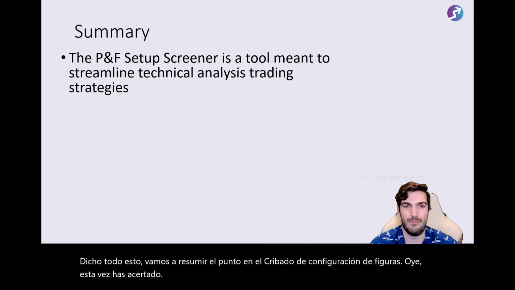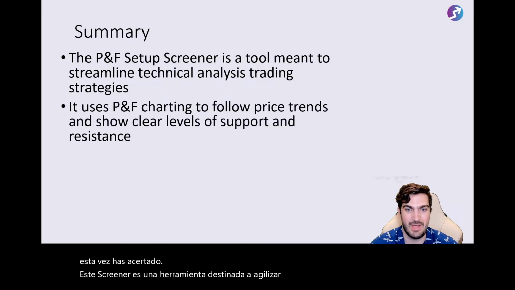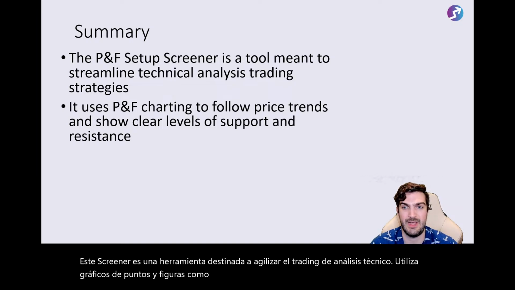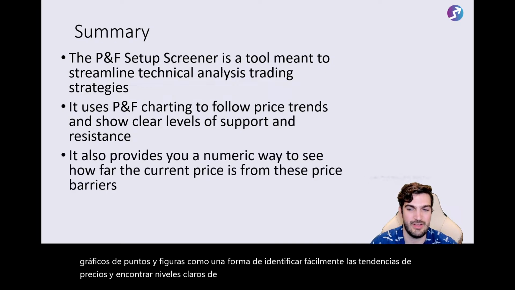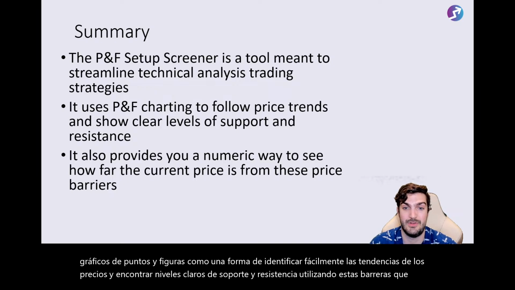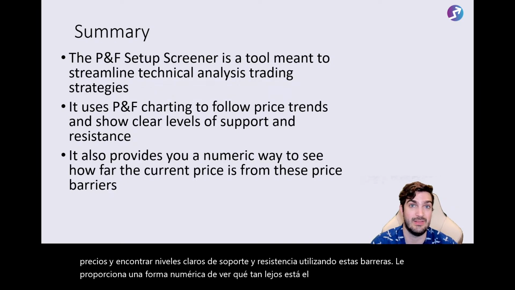This screener is a tool meant for streamlining technical analysis trading. It uses point and figure charting as a way of easily identifying price trends and finding clear levels of support and resistance. Using these barriers, it provides you a numeric way to see how far the current price is from these key levels of support and resistance.